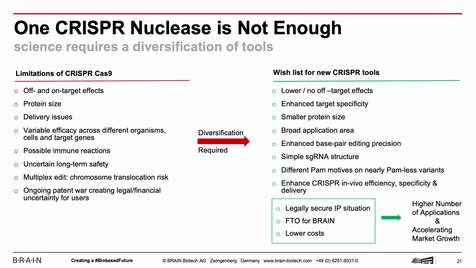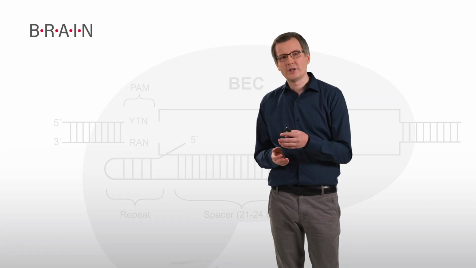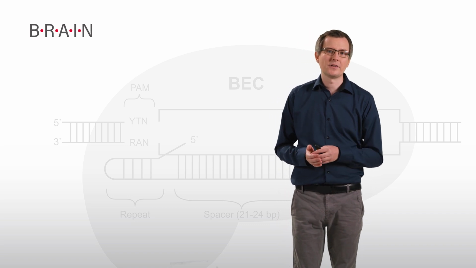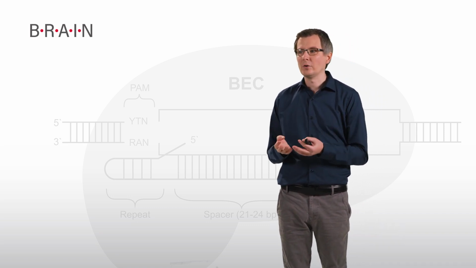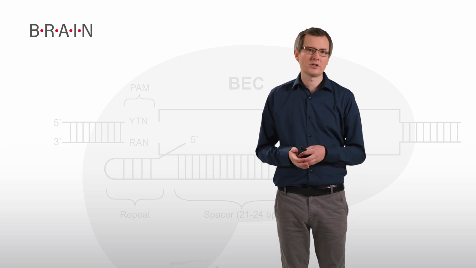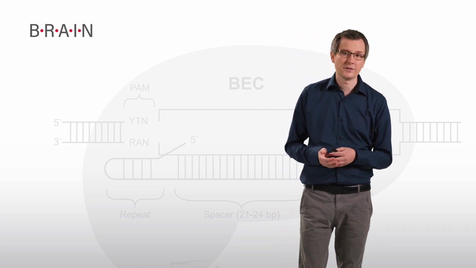Furthermore, we have things like possible immune reactions because the Cas9 protein was found in a human pathogenic organism. Aside from a lot of these technical limitations, there's also the business side, which is the complicated IP situation with the ongoing patent war and the legal and financial uncertainties for all the users.